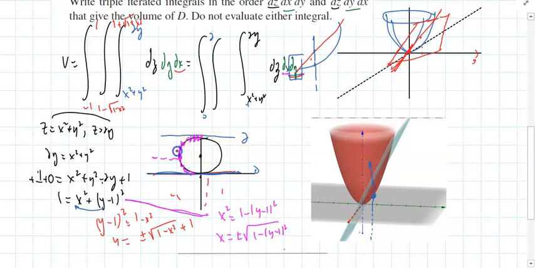In that, this is 1 minus the radical, and this part is 1 plus the radical. So this will run from 1 minus the square root of 1 minus (y minus 1) squared, to 1 plus the square root of 1 minus (y minus 1) squared. And there it is.